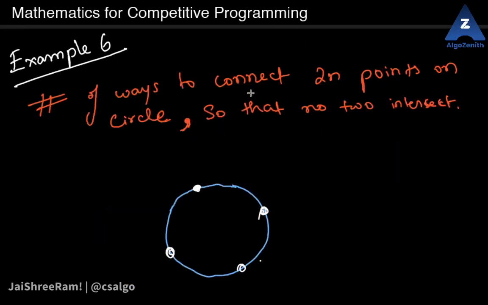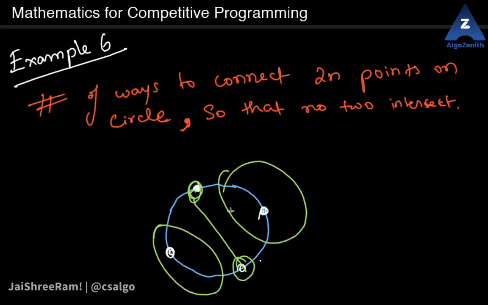Same goes with this particular example: let's say there are 2n points on a circle and you want to pairwise connect them so that no two intersect. In this as well, you will have to take one point and match it to one of the other ones, and then the right subhalf and left subhalf will become two separate parts, and both of them will be independent. So you will have a relation where, let's say there were 2n points and then you remove 2, so it became f of 2n.